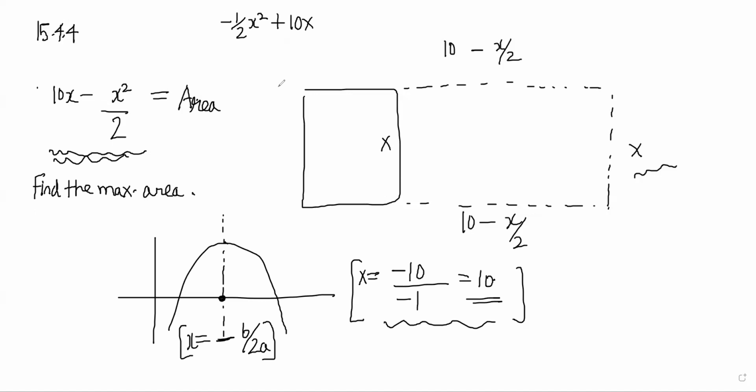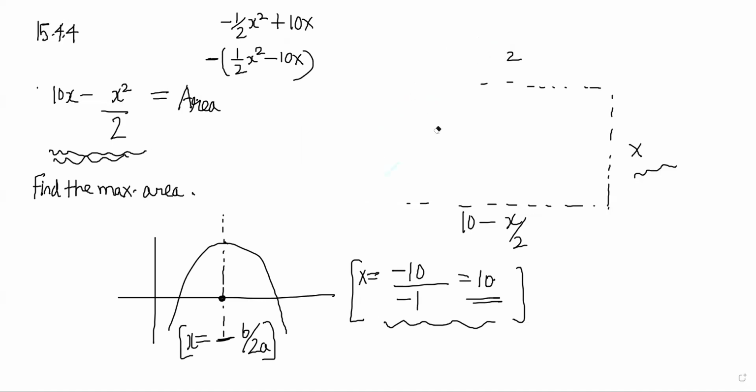Oh, I'd have to take out the negative sign first. So negative 1 half x squared minus 10x, and then I would have to add something to make it a minus b whole square, sorry.